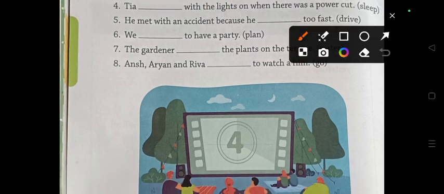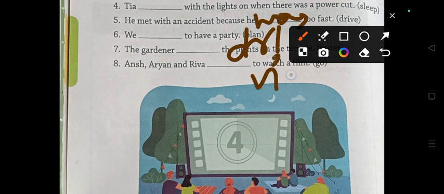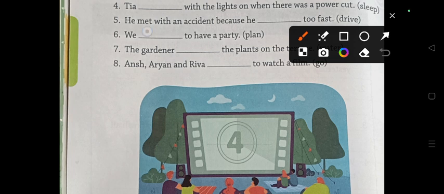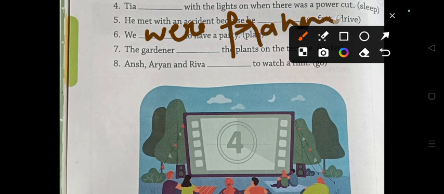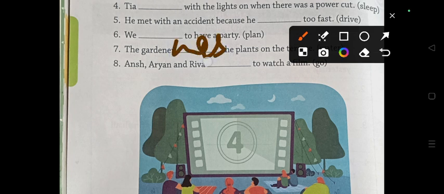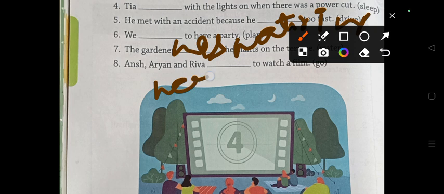Next one, he met with an accident because he was driving too fast. And we were planning to have a party. Next, the gardener was watering. Ansh, Aryan and Riva were going to watch a film.